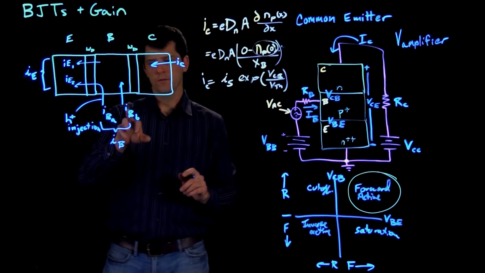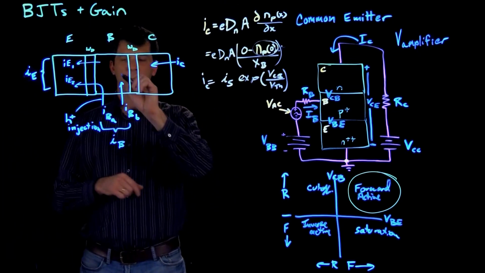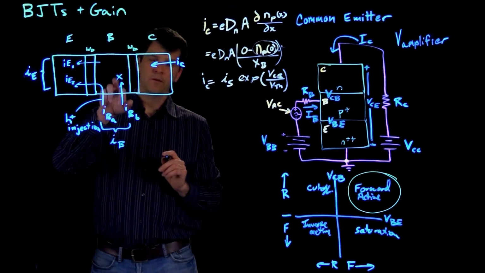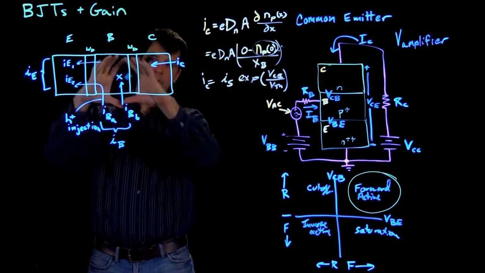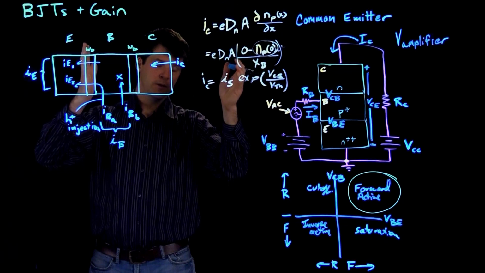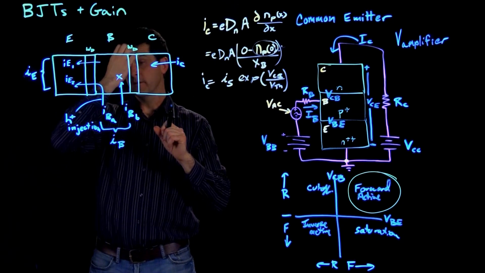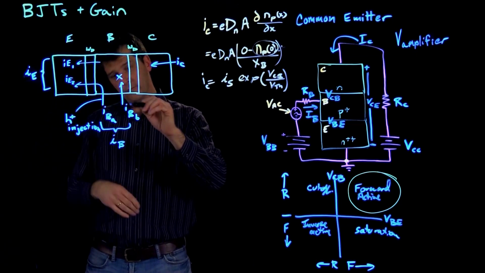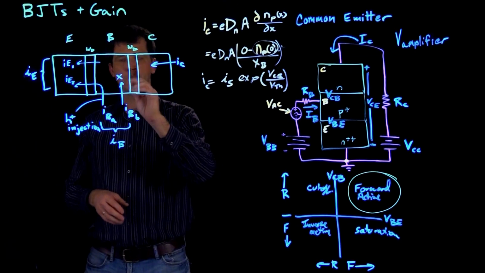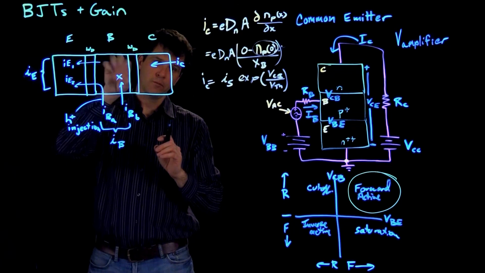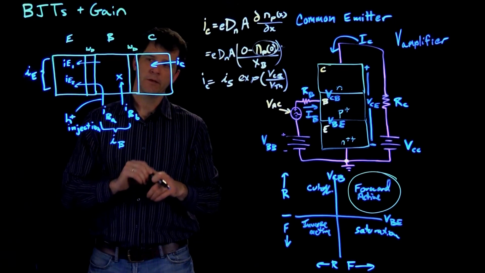And then also, there's some recombination that happens inside the base, especially if the base is longer than the diffusion length of the electrons in the base. And for that reason, we have to feed some more holes into this base to supply that recombination current.